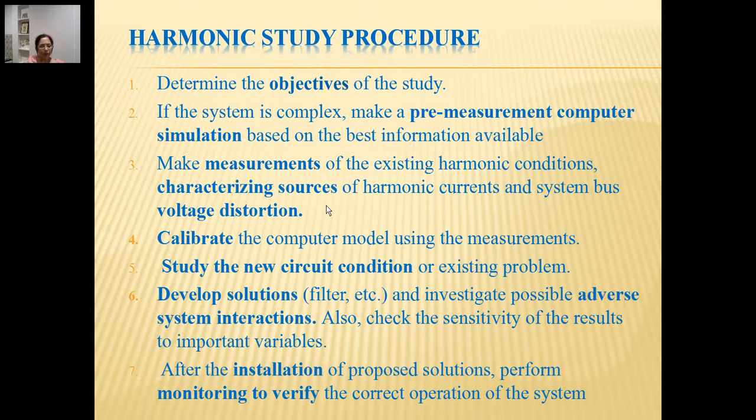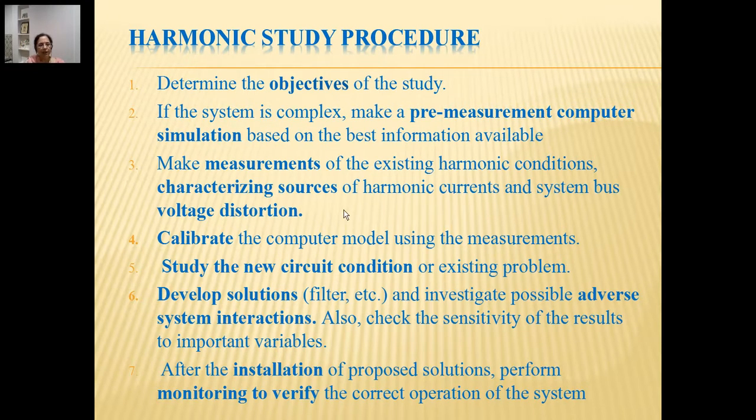Now, a number of loads are acting together, so it needs to be decided how to take measurements of the existing harmonic condition, with various harmonic current injections happening at different times or from different sources. Characterizing their simultaneous operation means finding how much harmonic current is injected and how much system voltage distortion is produced because of that.